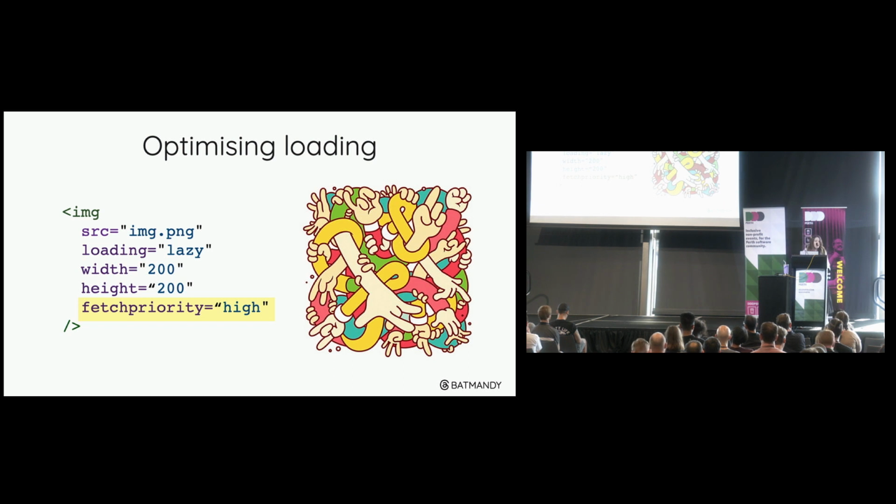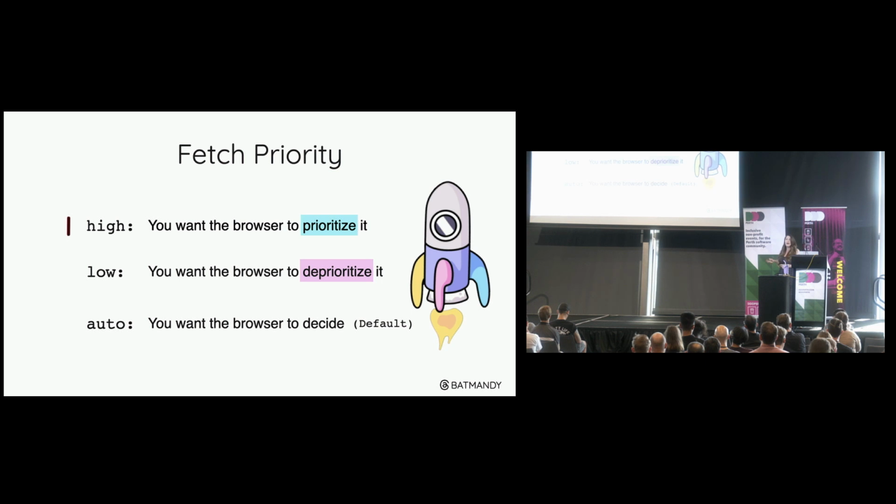Now, with fetch priority, you can specify a priority for things like CSS, fonts, scripts, and images. And it has 3 values. Assuming you're not trying to contradict base browser requirements, you can say that you want a high priority, so you want the browser to prioritize it. A low priority, you want the browser to deprioritize it. Or auto, which is the default, which is you do what you want, browser, you know what you're doing.